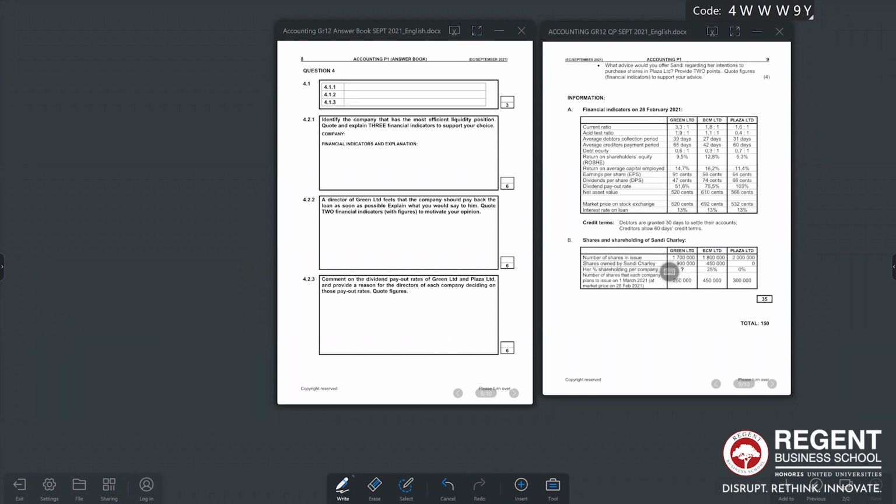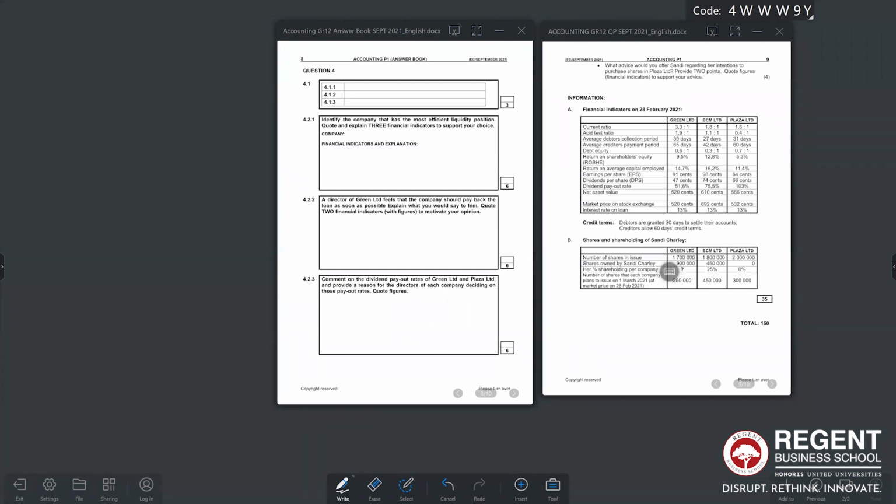Now, Plaza paid out dividends of 66 cents. They paid out 66 cents, but the company only earned 64 cents. So in this case here, we're working out the rate.